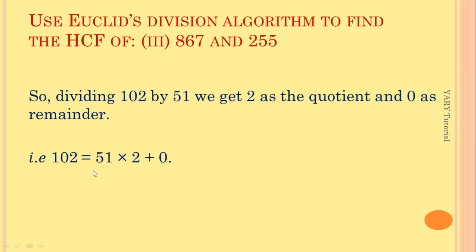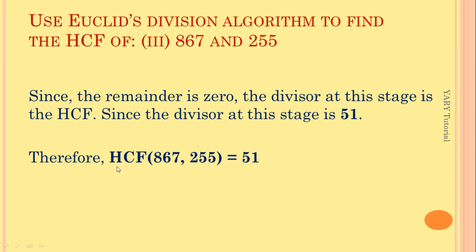The HCF is the divisor at this step. Here in this step, the divisor is 51. Hence, the HCF of 867 and 255 will be the divisor of the last step, that is 51. So 51 is the HCF of 867 and 255.